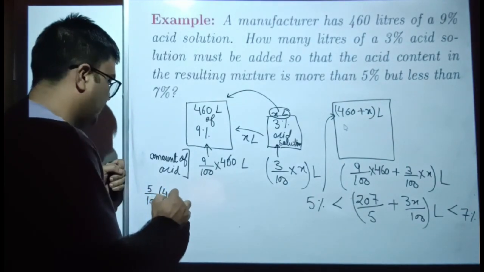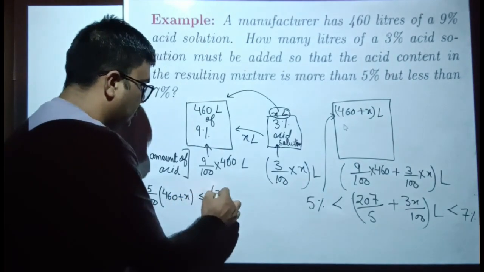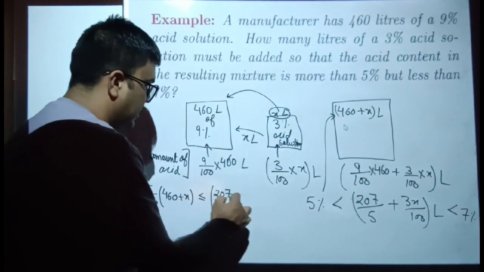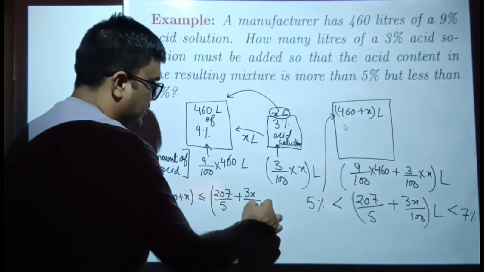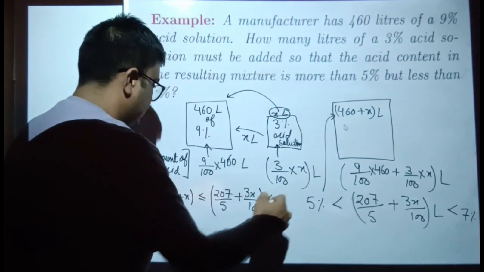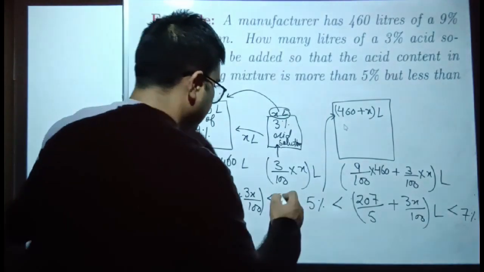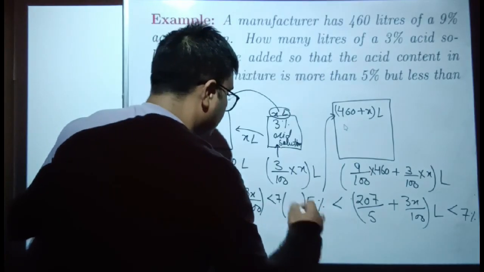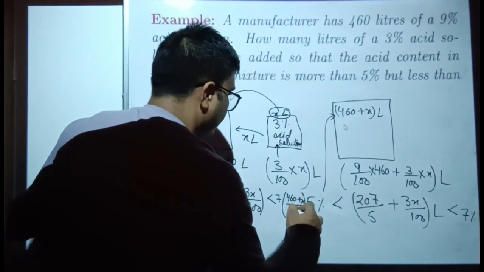into 460 plus x is less than 5 plus 3x by 100 is less than, it is not equal to over here, it is less than 7 into 460 plus x by 100.